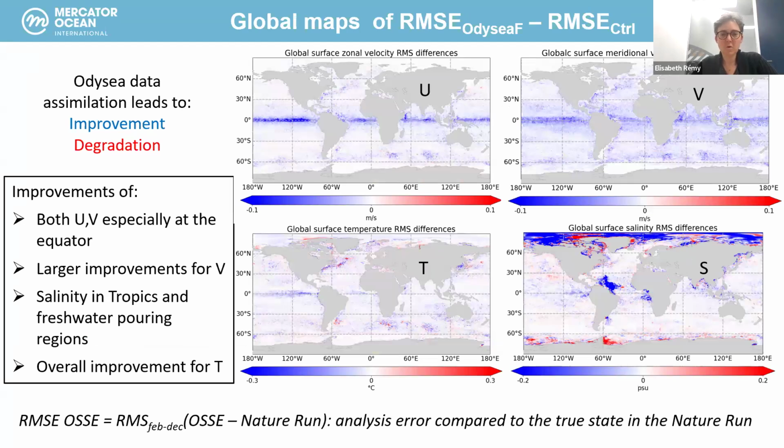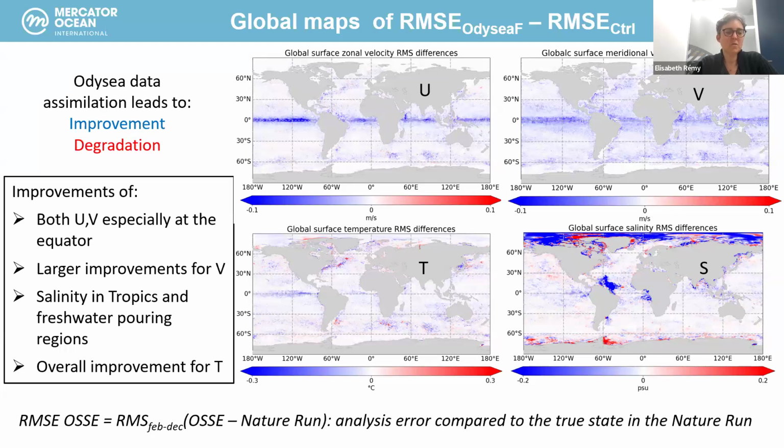Here, an overview of the improvement when we assimilate the Odysea observations on top of the others, including the altimetry. Everything in blue means there is an improvement when we assimilate the U and V components, and red a degradation.